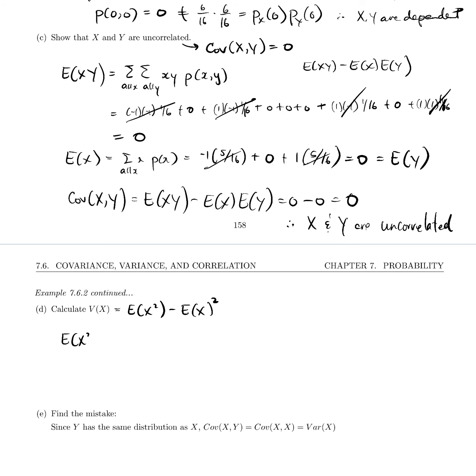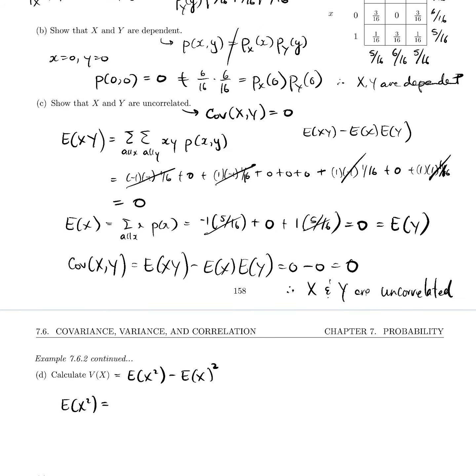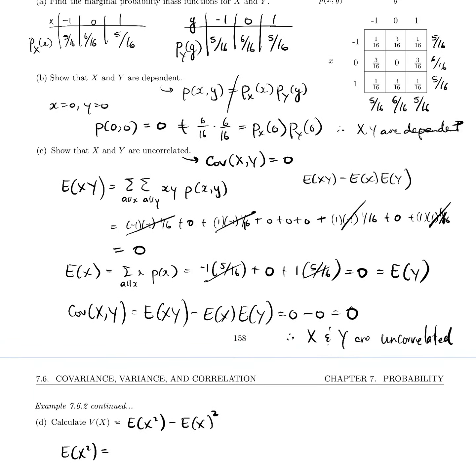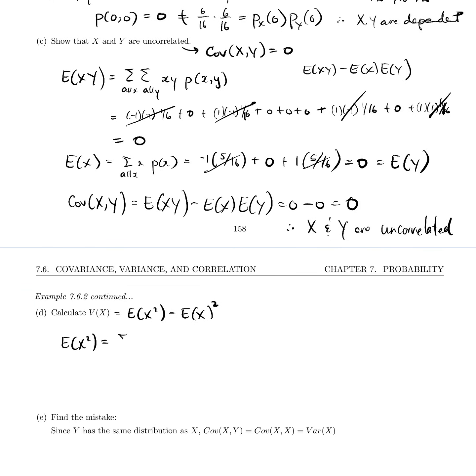E of x squared means I need to take the marginal and square the x value. So that is the sum over all x of x squared times p of x.